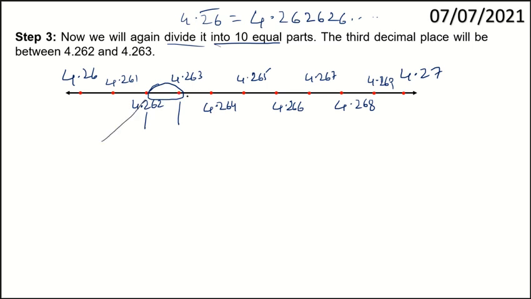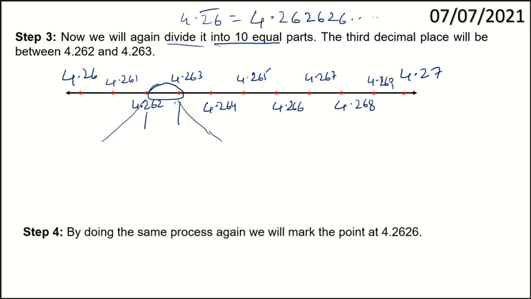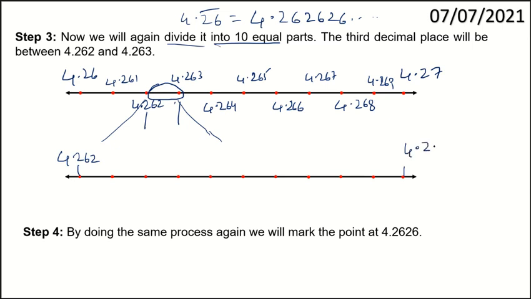This is to be magnified. Okay, that is the fourth step. By doing the same process again, we will get here 4.262 being this, and this 4.263 here.